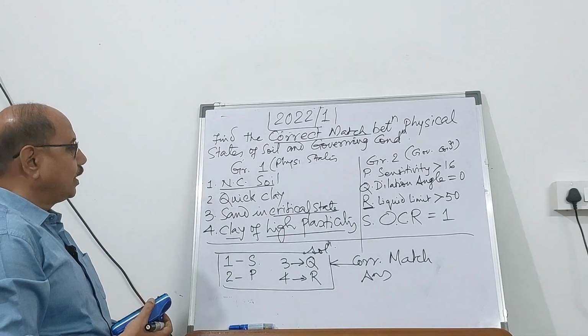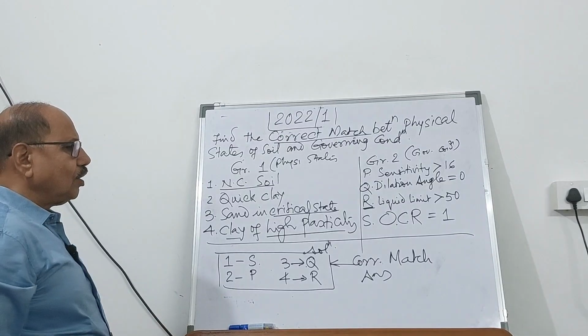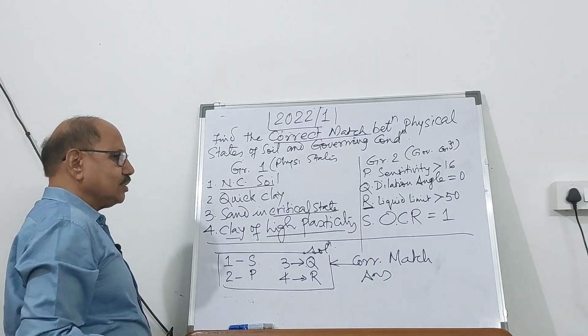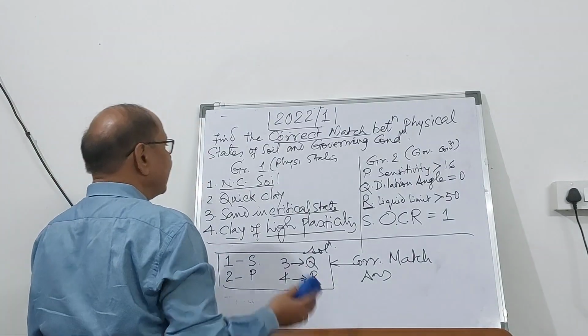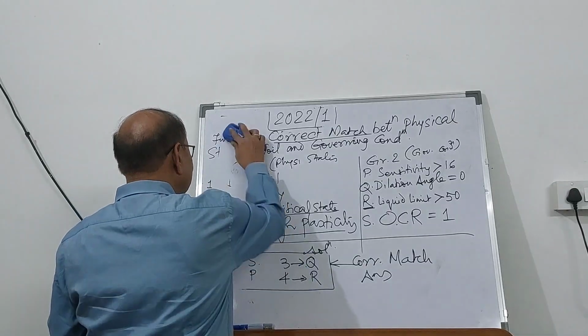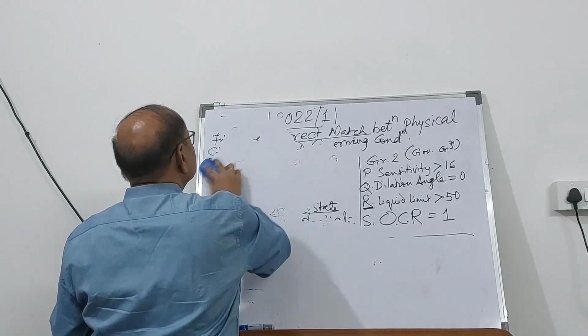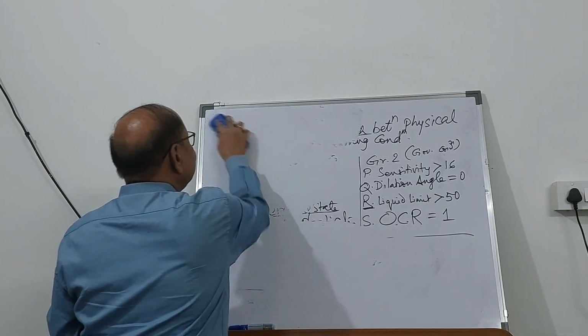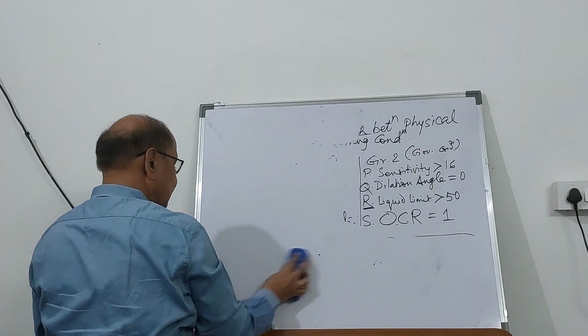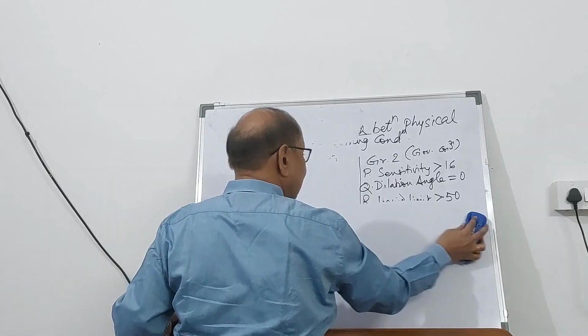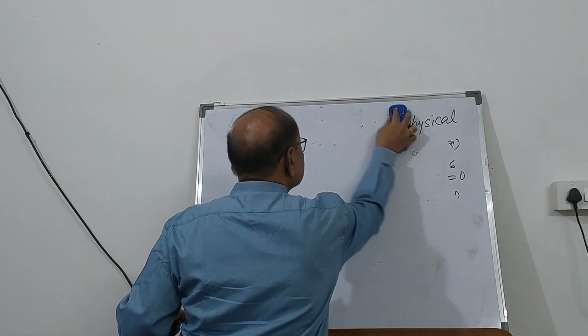Another problem was asked in 2011. The other problems are of similar nature. Mainly it is on the plasticity chart and the IS soil classification system.